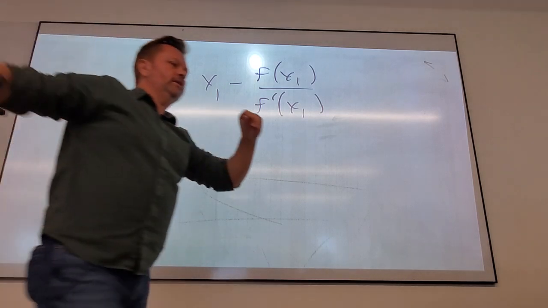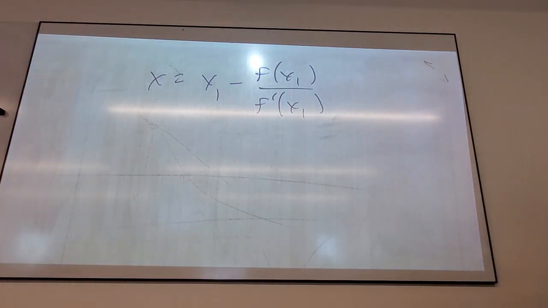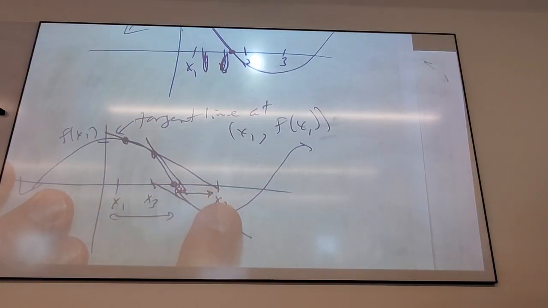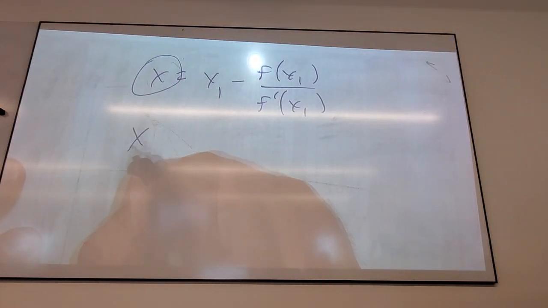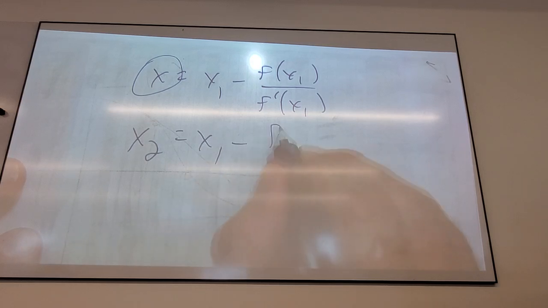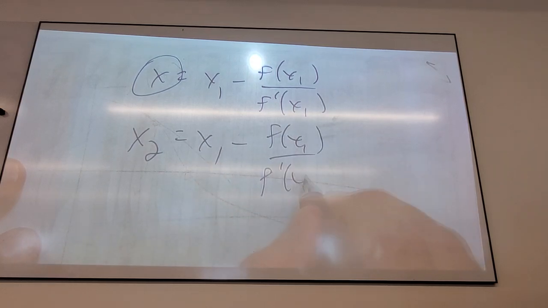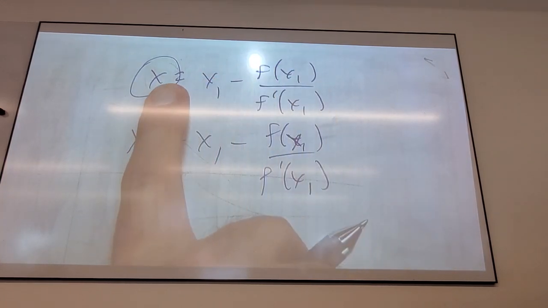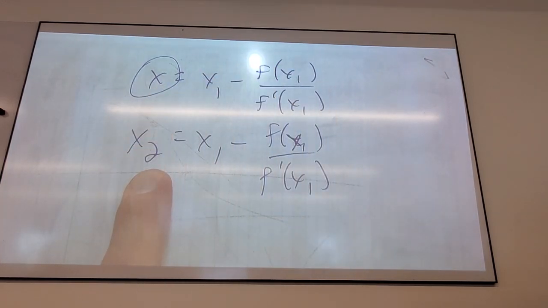So what do we call this then? Let's see if anybody was paying attention. That's going to be our x2. So I plug x1 into this process, and it'll spit out our next guess.